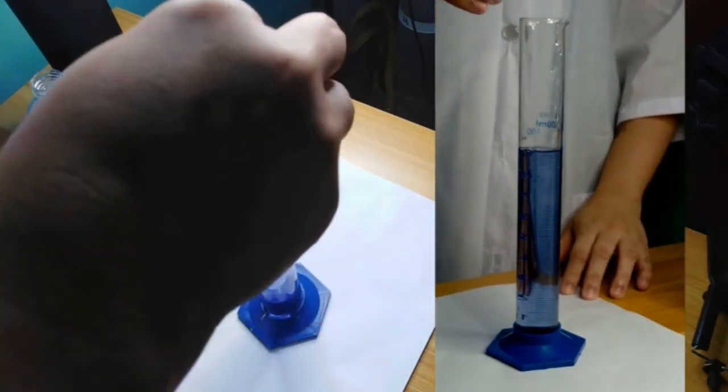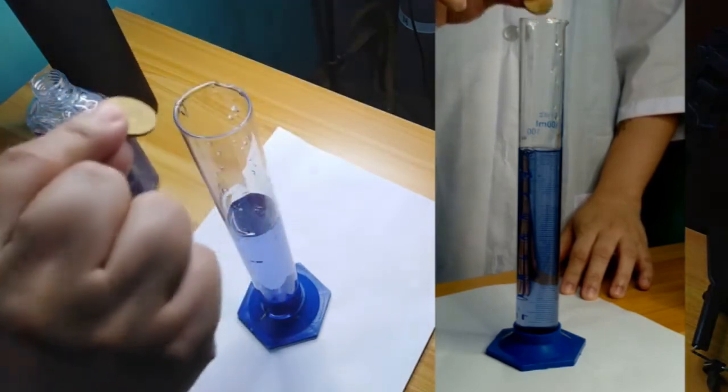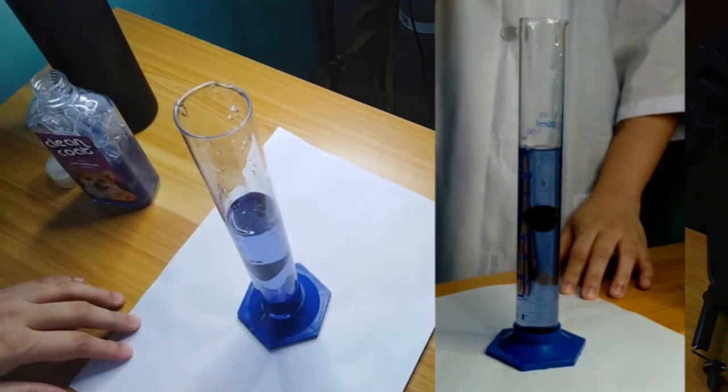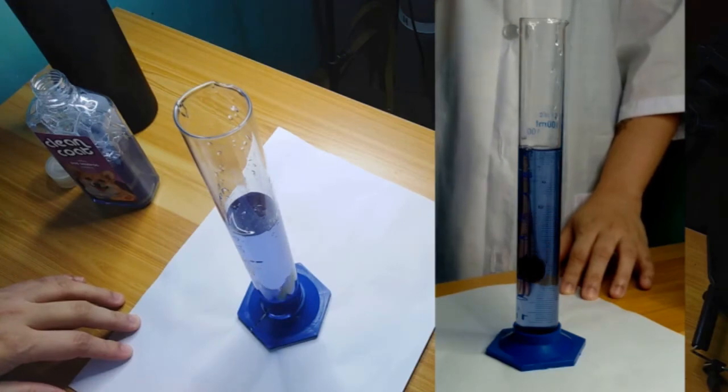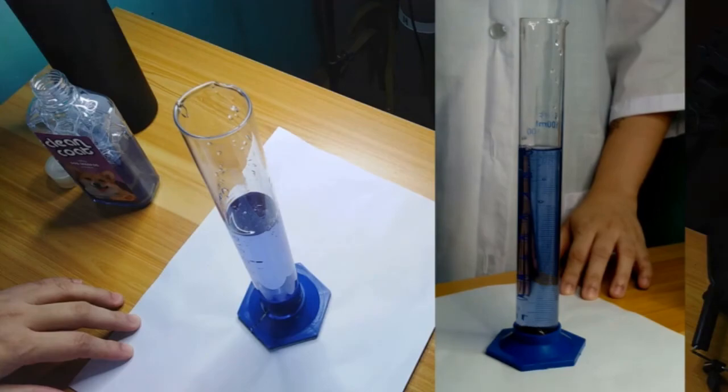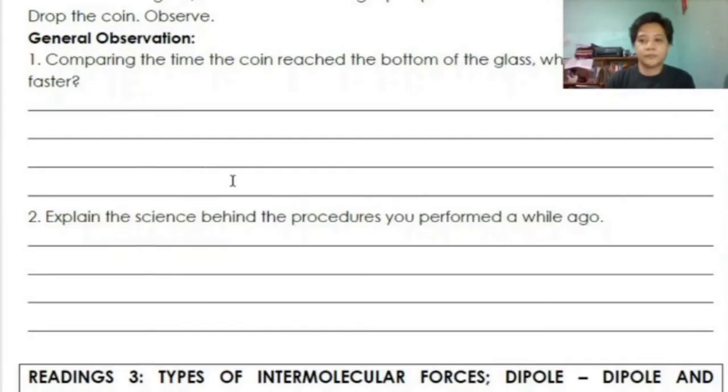Then, as high as you can, drop the coin and observe. Answer the general observations that follow the procedure.